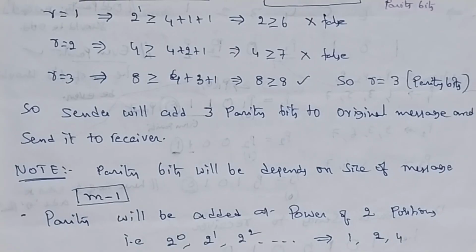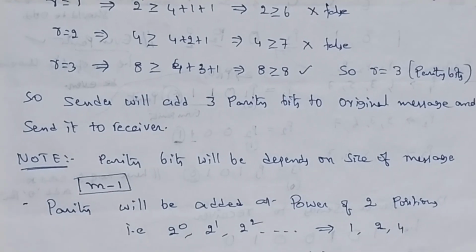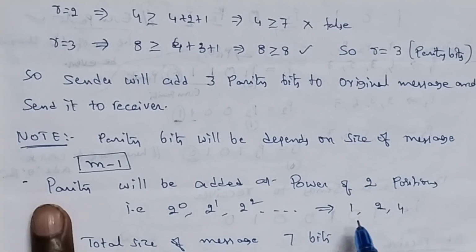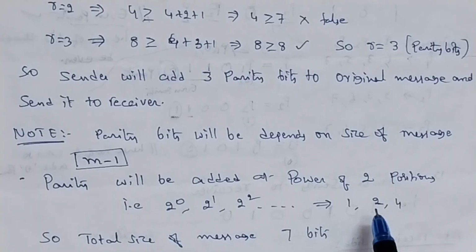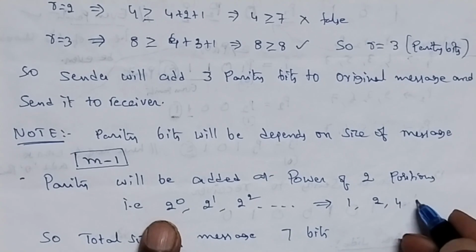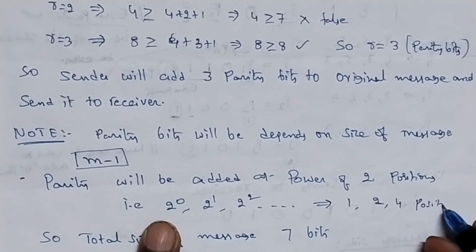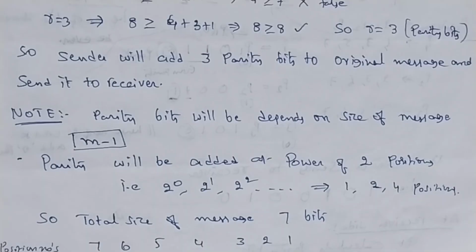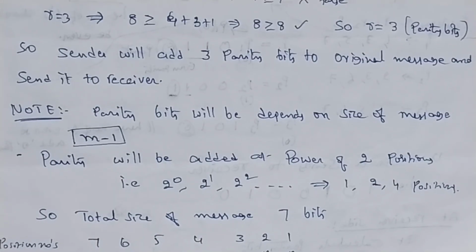The positions of the parity bits are: 2 power 0 is the first position, 2 power 1 is the second position, and 2 power 2 is the fourth position. These are the positions of the parity bits. I am writing the positions here as 1 2 3 4 5 6 7.